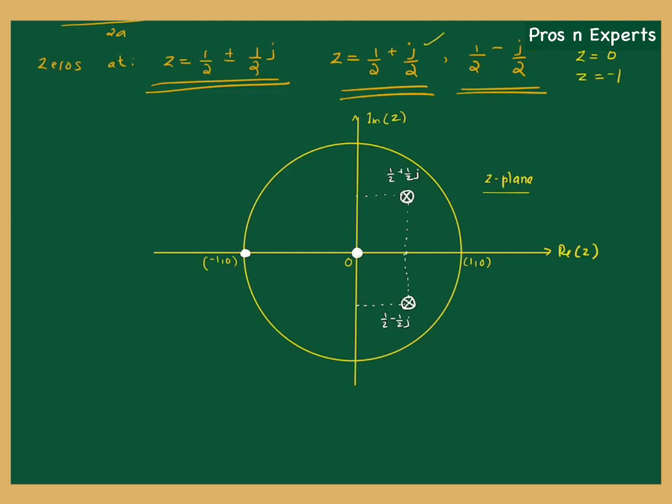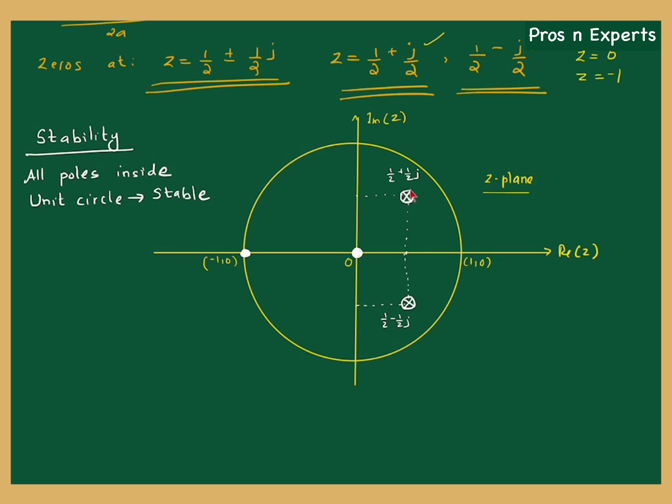And finally in the question they have asked us to find out one more thing: to assess the stability of the system. How will you assess the stability of this system from the pole zero plot? It's very simple. If all poles are inside the unit circle, then the system is stable.